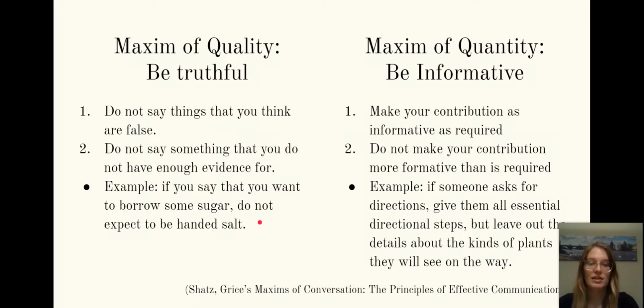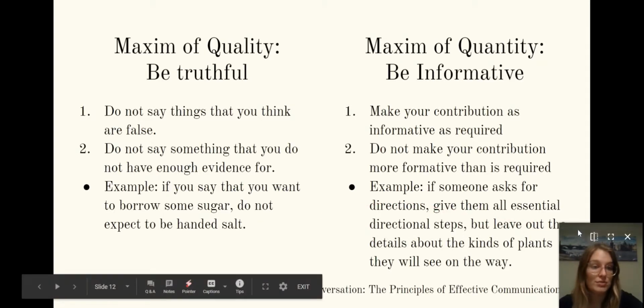Don't say false things. Because if you did say, I want sugar, but you actually wanted salt, then there will be no communication. I can't read your mind and I don't know what you want. And so I'm going to hand you what you asked for.